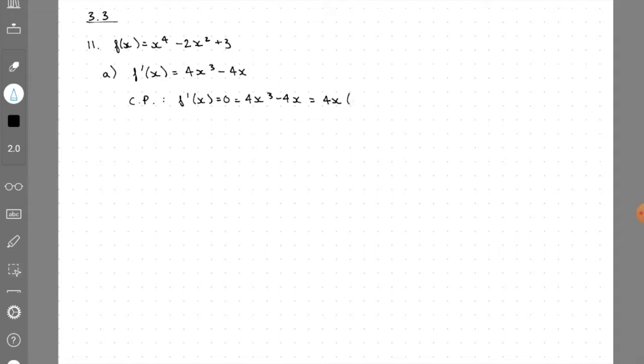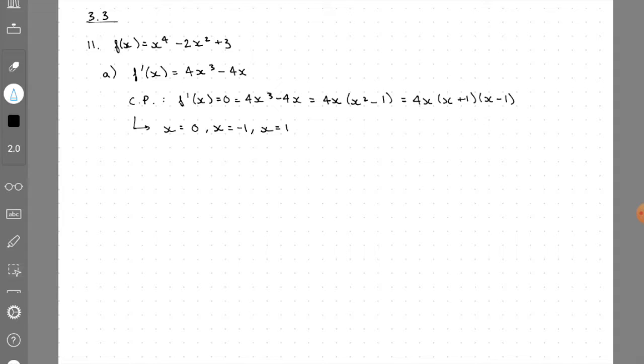So it's going to be x squared minus 1. And we can rewrite this as x plus 1, x minus 1, because it's the difference between squares. 1 is the same as 1 squared. So we can rewrite it like that. So therefore, our critical points are going to be x equals 0, x equals negative 1, and x equals 1.